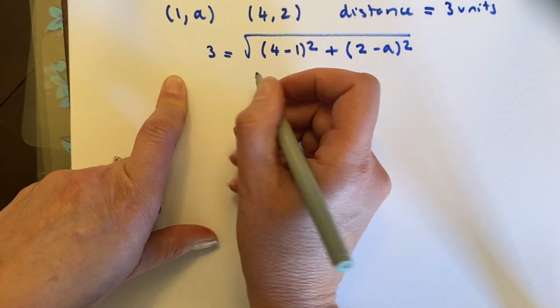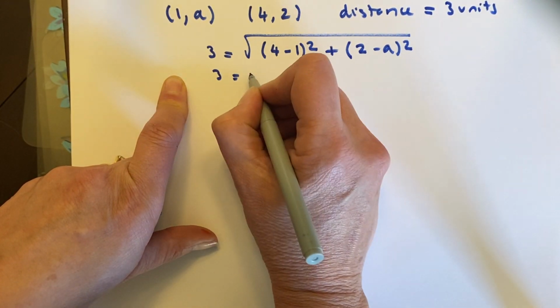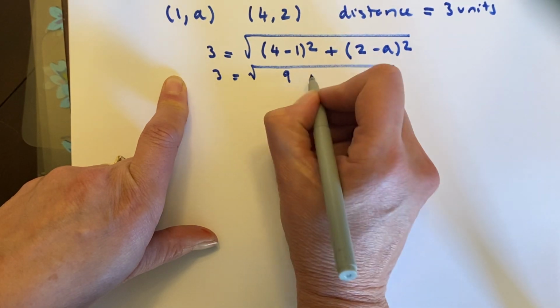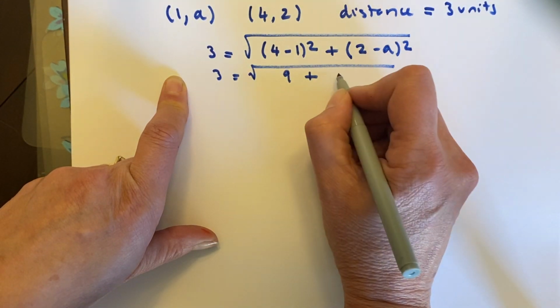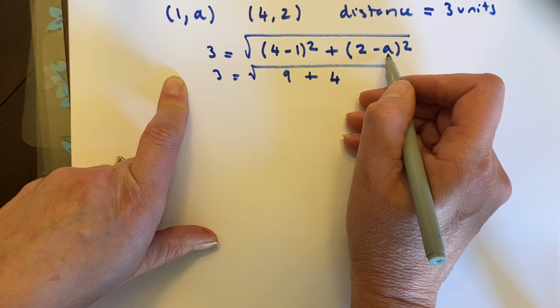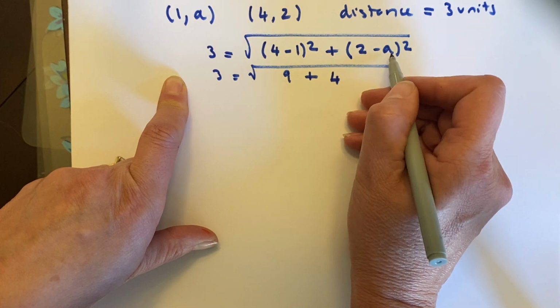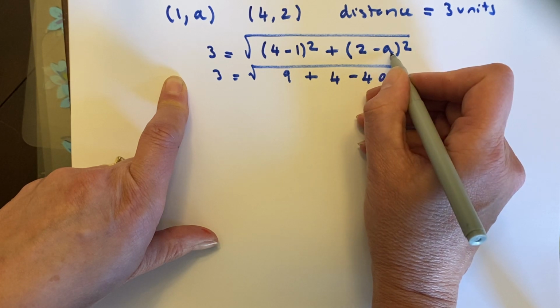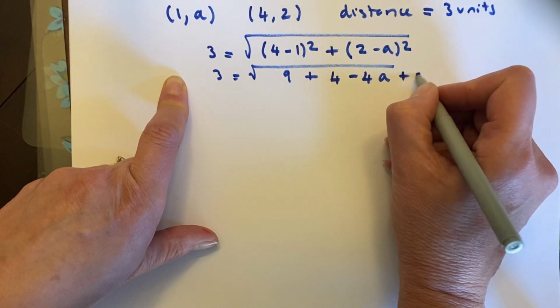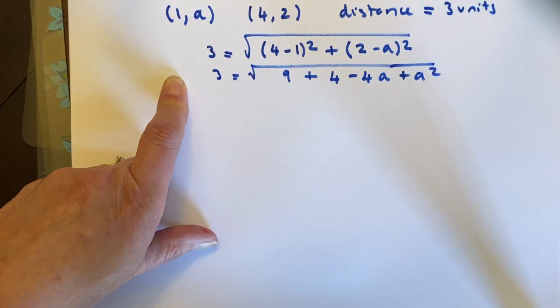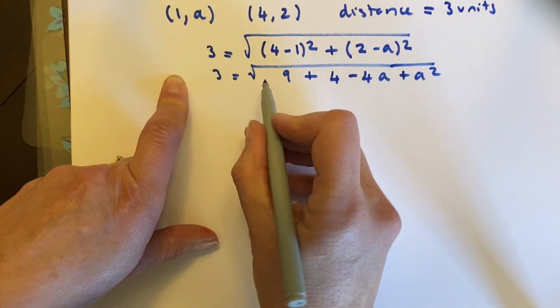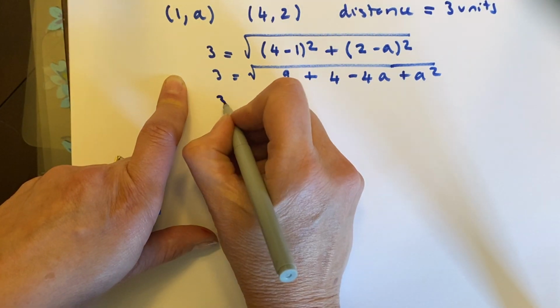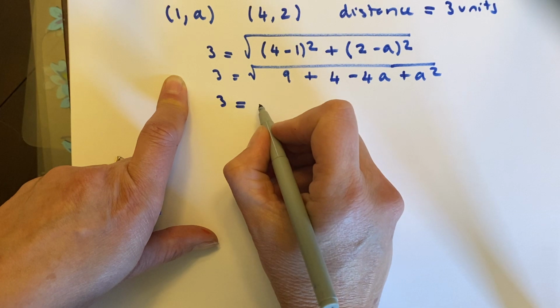When I work that out, 4 minus 1 is 3, 3 squared is 9, plus 2 squared is 4. 2 times negative a is negative 2a, and I have 2 of those, so minus 4a, and negative a squared is plus a squared. When I combine everything in that square root, I get 3 equals the square root.